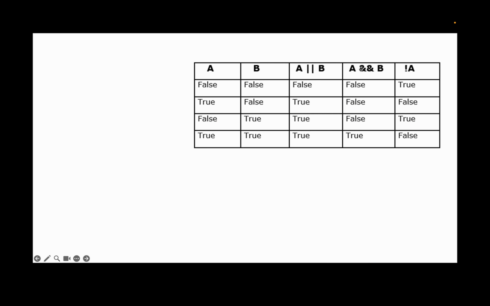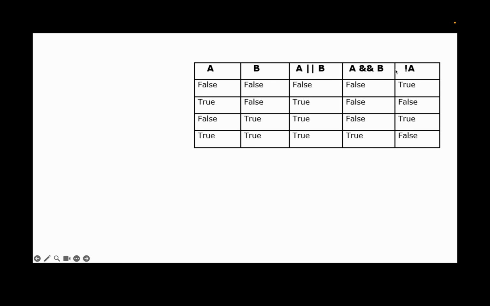What will be the answer in case of different operators? If both are false and you are checking whether either of them is true? No, so the answer is false. Is either of them true? Yes, one of them is true, so again true. Here, is either of them true? Yes. And in the fourth condition, both are true. Is either of them true? Yes, so you are getting true.